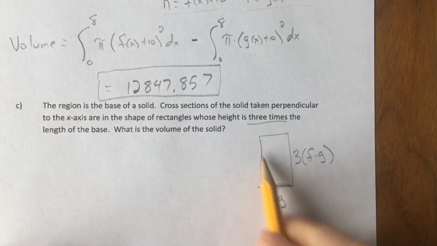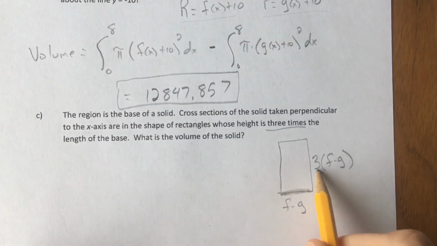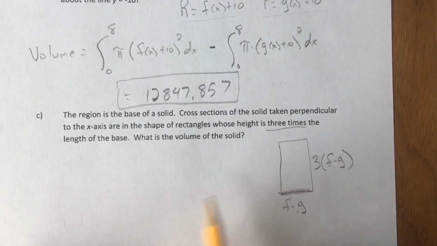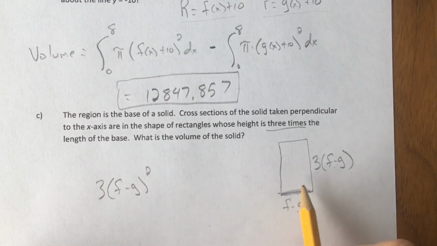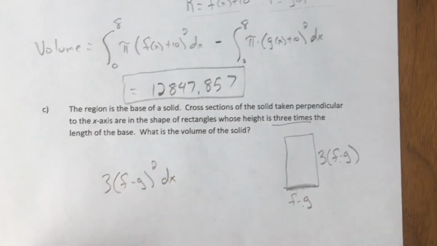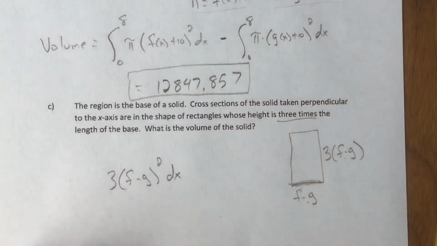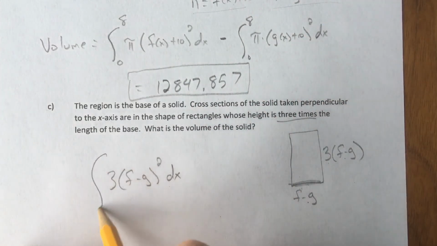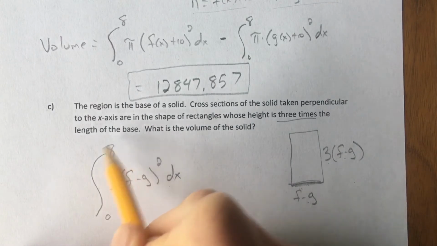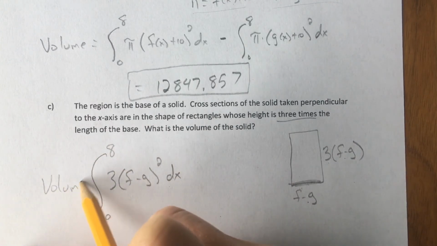So the area of this rectangle would be 3 times f minus g times f minus g, or 3 times f minus g squared. Give it a little depth with the dx, and now that's the volume of any one particular slice you take, and we're going to sum up all of those slices from 0 to 8, and that will be our volume then.